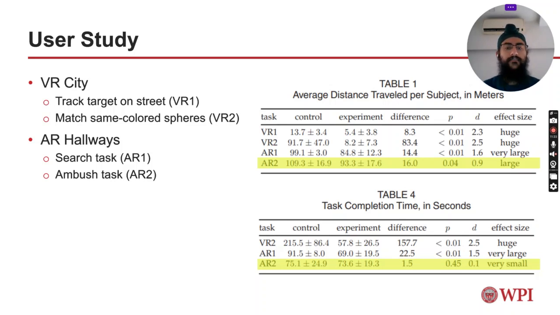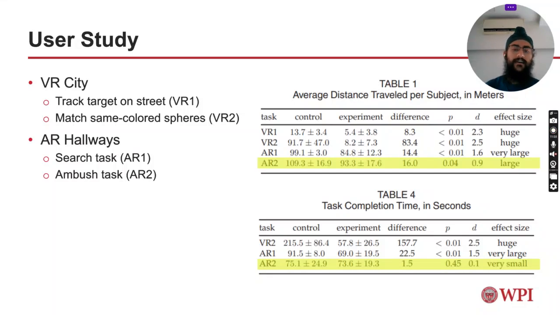For this one, they did find that the users walked a little bit less, because more of these users chose to ambush the target rather than being spotted and then chasing after them.